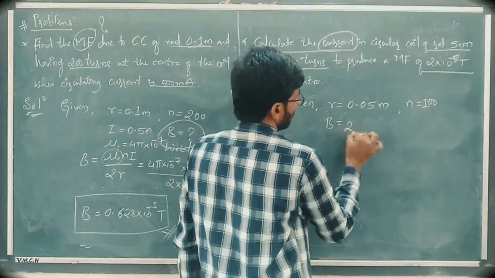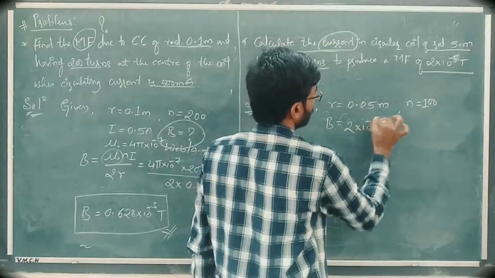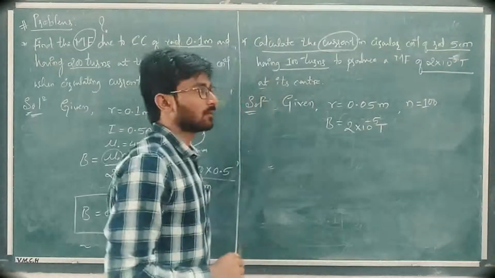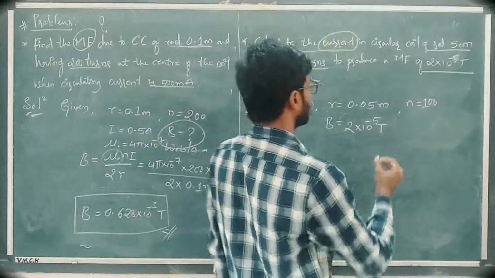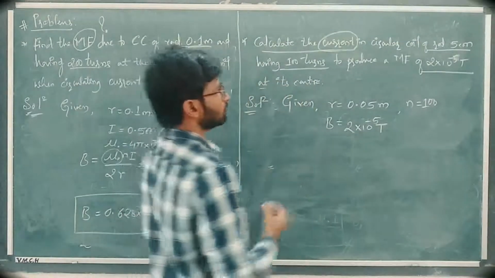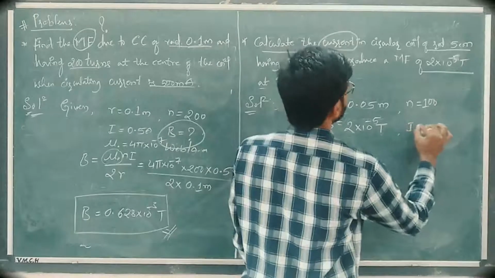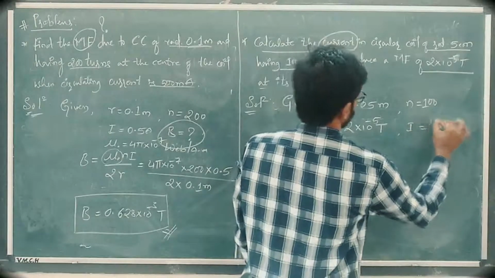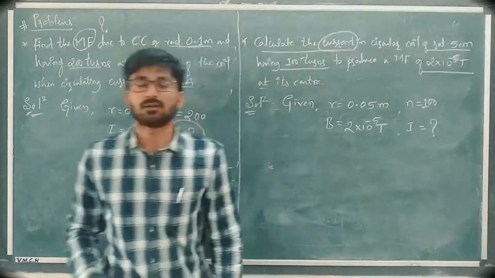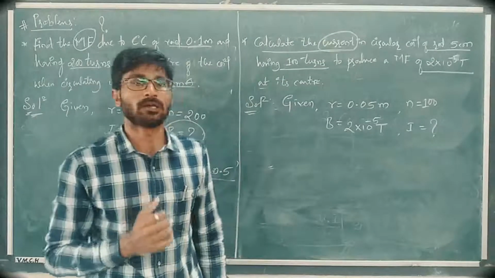The magnetic field is also given, that is 2 into 10 to the power minus 5 Tesla. What is asked here is the current in the circular coil.